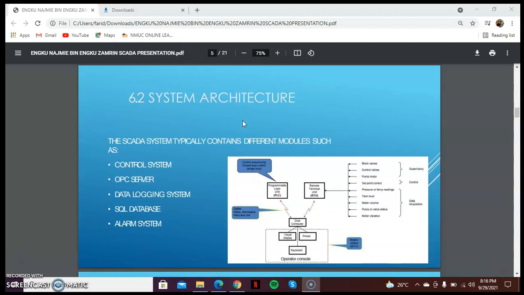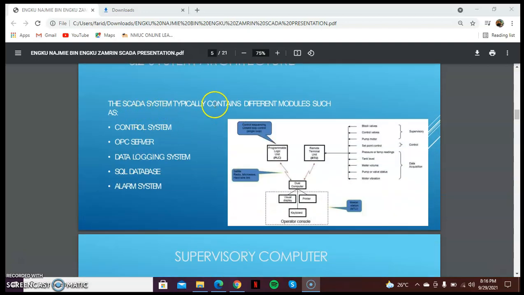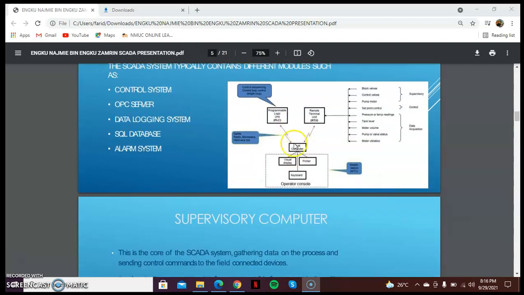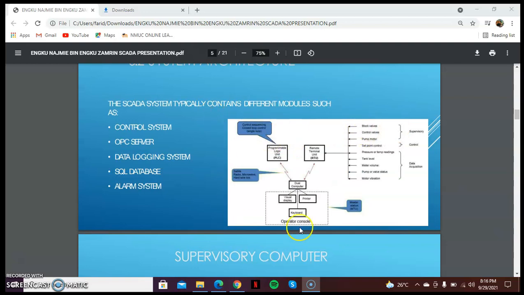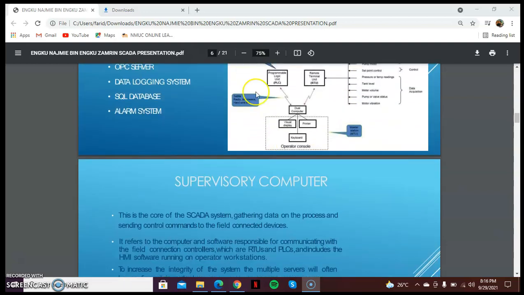Then you have the system architecture. The SCADA system typically contains different modules such as control room, OPC server, data logging system, SQL database, and alarm system. So as you can see, these are all the different modules that we have here.